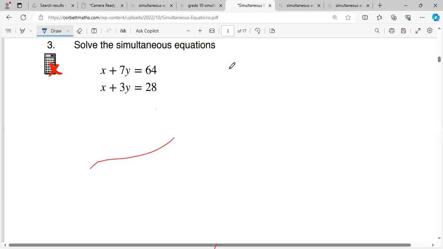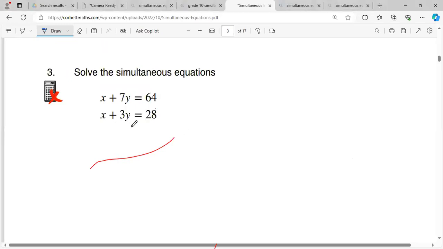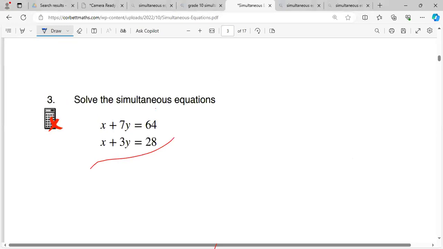So I'm not seeing the board. Can you see my screen, guys? Oh, hold on there. 7x plus 7y equals 64, and x plus 3y equals 28. Seeing it now? It needs to come over some more. It's almost nice center. That's literally center.